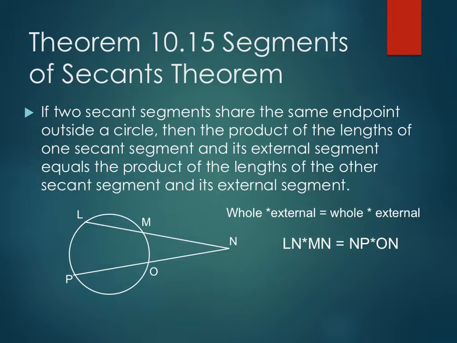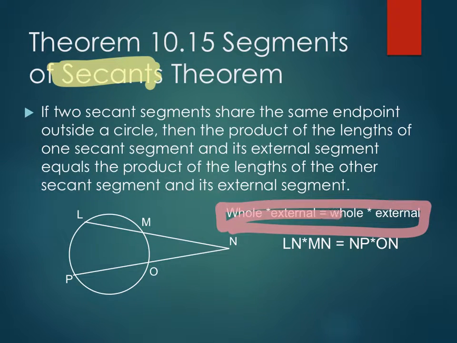So for secants, because it's going to be different for tangents, I do whole times external equals whole times external. So the whole segment, like LN, times the external part, which here is MN, would equal the whole other secant, which is PN, times the external part of that secant, which is ON.